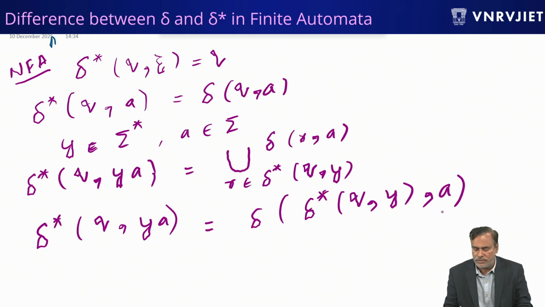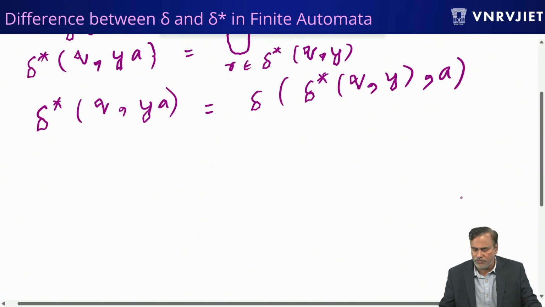For y belongs to sigma star and A belongs to sigma, where A is a single input symbol and y is some string belonging to this language, delta star of Q, y, A is delta of delta star of Q, y, A. I think it is clear. But when I take an example, you can get a clearer idea of what delta and delta star are. So this is the basic difference between delta and delta star with respect to NFA.